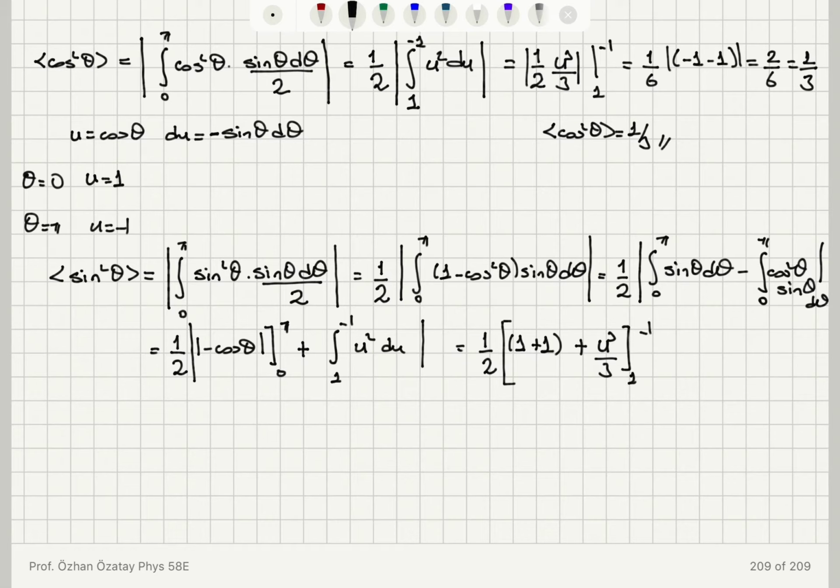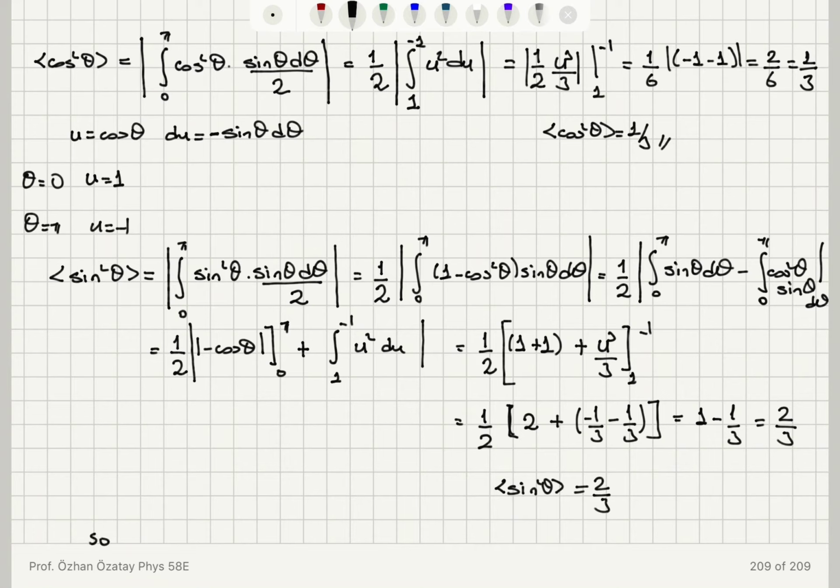So this will give me 1 over 2 times 2 minus 2 over 3, so this will become 1 minus 1 over 3, which is 2 over 3. So the average value of sine squared theta is 2 over 3.